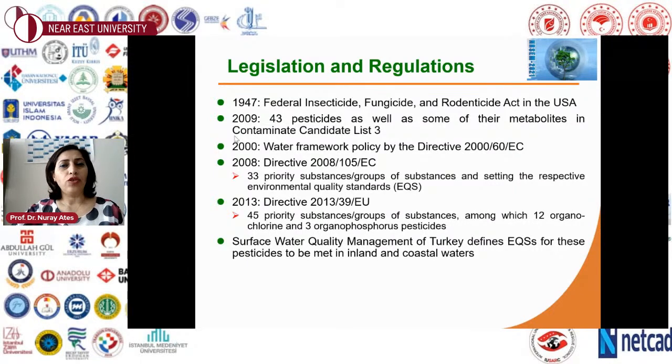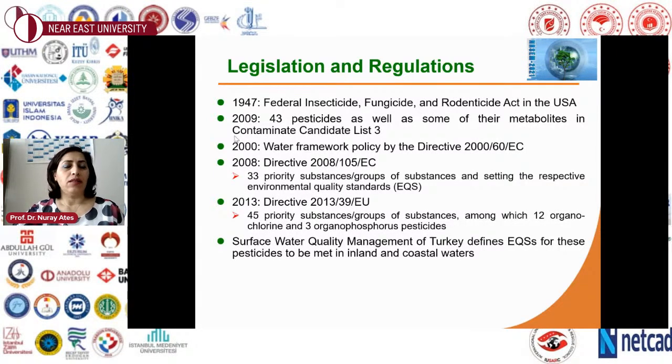The European Council also established a regulation called the Water Framework Directive in 2000. Then in 2008, 33 priority substances or groups were included in this directive, and respective environmental quality standards were set.